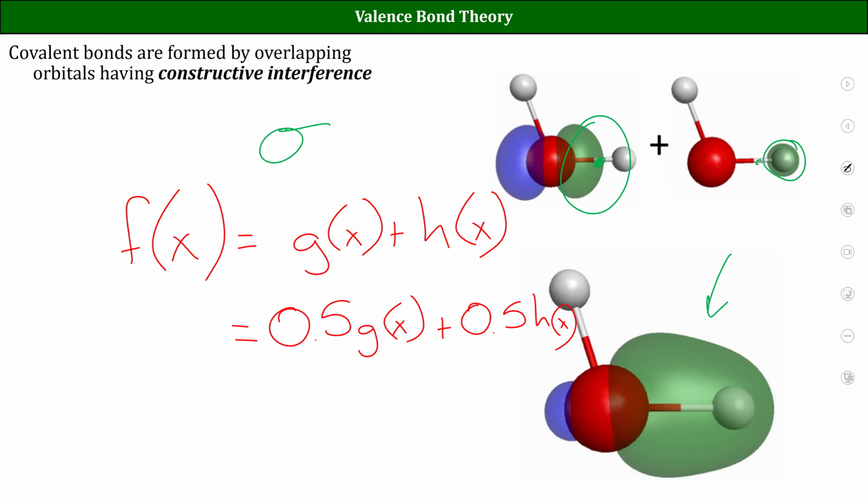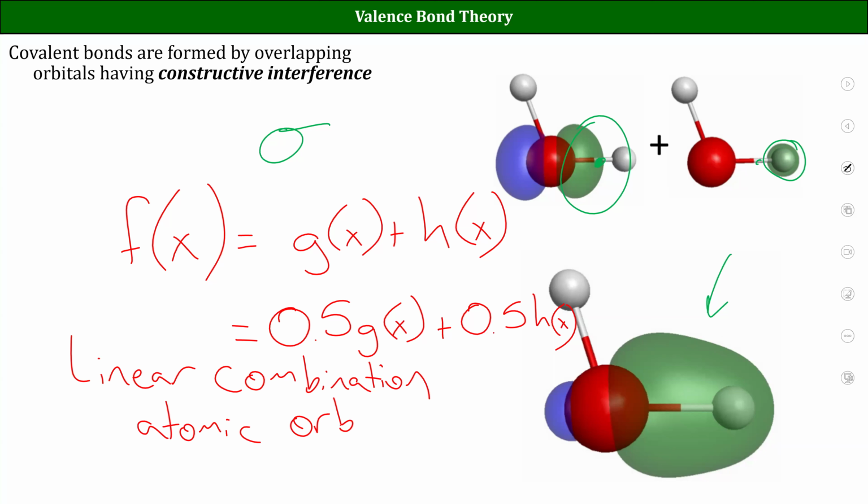If either of you had linear algebra, second year linear algebra, not like high school algebra. So this is what's called a linear combination of two other functions. And if both of these other functions are orbitals, then that makes what's called a linear combination of atomic orbitals, or LCAO.